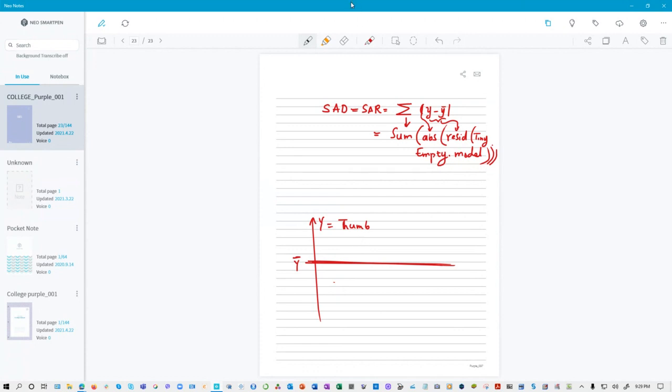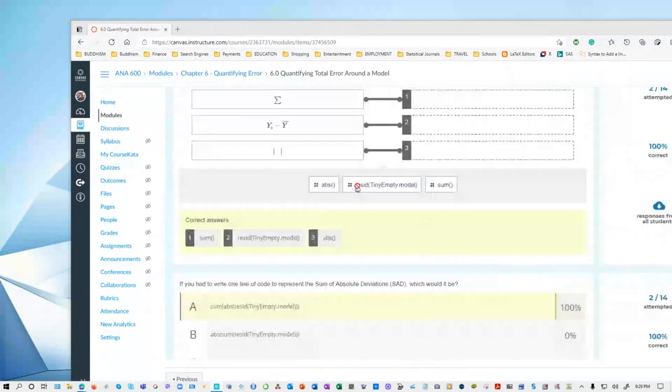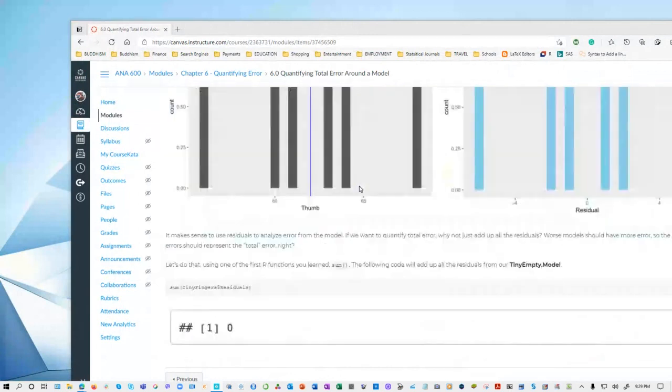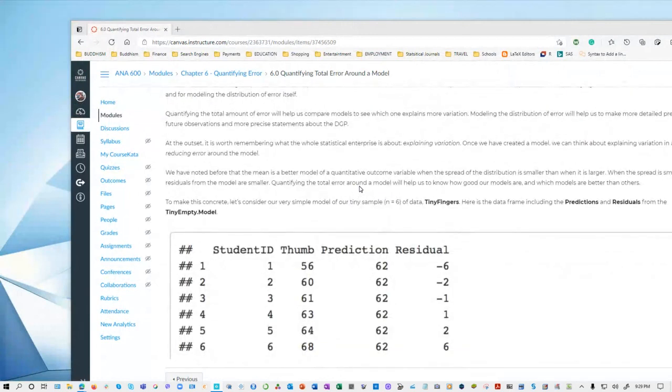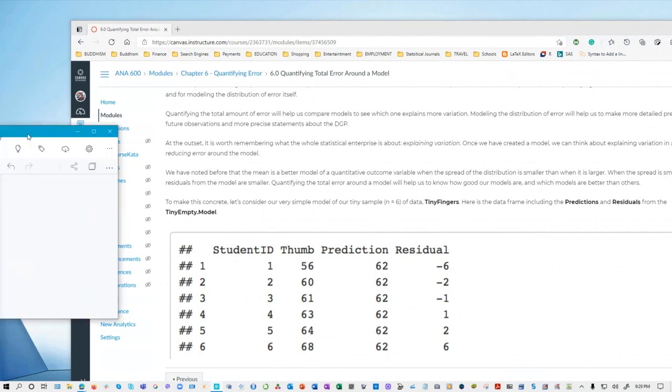We have 56, 60, 61, 63, 64, 68. So y bar would be 62.